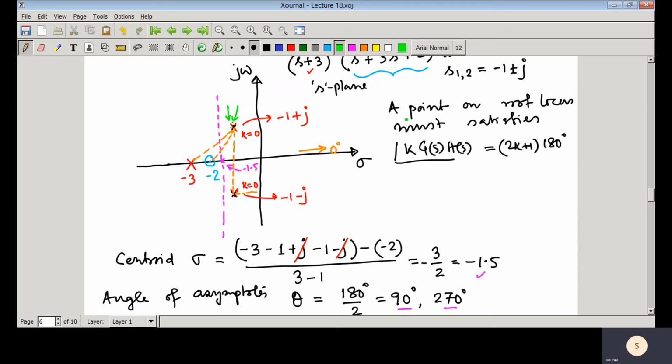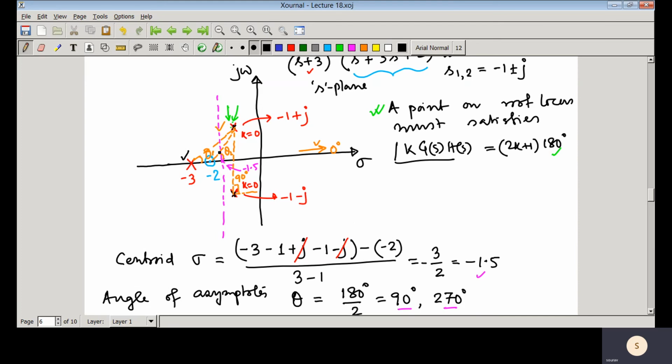Then that point would be on the root locus if it satisfies the angle criteria. So the angle criteria means we need to find the angle contribution for each pole.